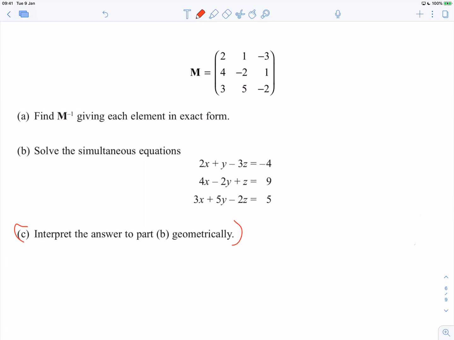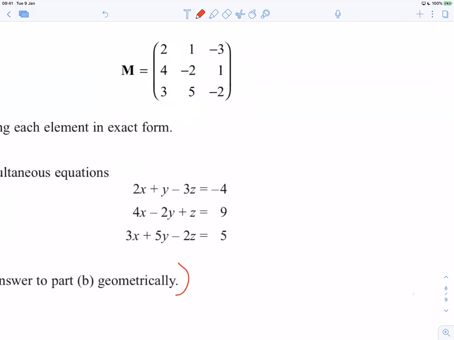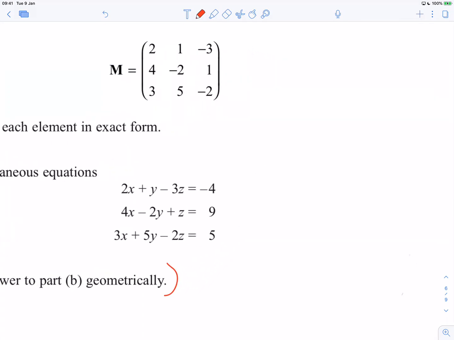First of all, I need to find the determinant of this thing. Because there's no zeros, it doesn't really matter which one I do. So I know the determinant of M is going to be 2 lots of the determinant of that, if I take this row, minus 1 lots of the determinant from 1, plus a minus 3 lots of the determinant from that one. So from the 2's perspective, I've got minus 2 times minus 2, which is 4, minus a 5, which is minus 1. So I might as well be putting a minus 1 there.